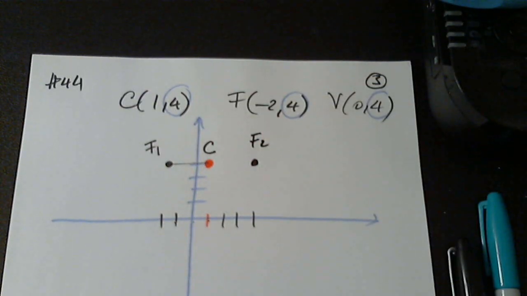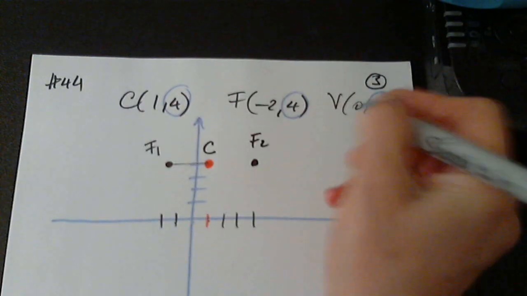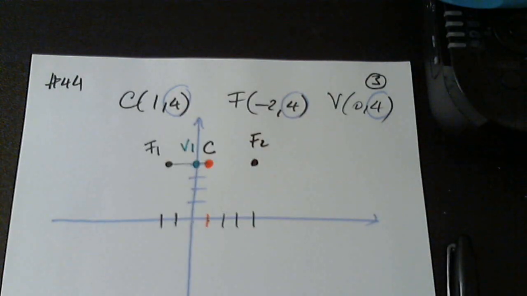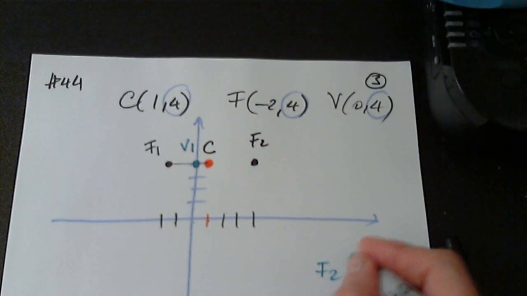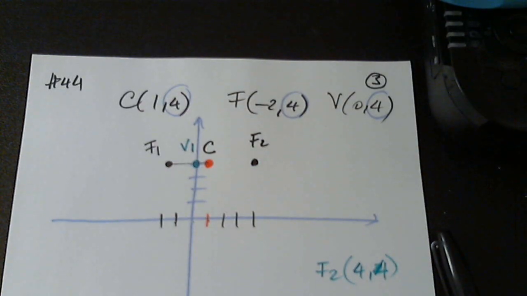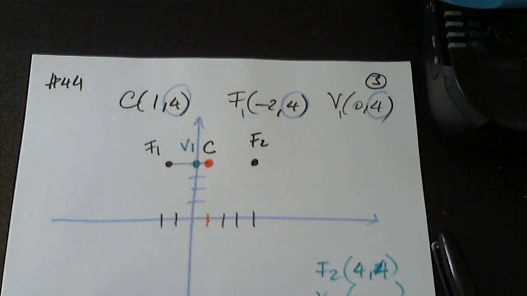Perfect. Now let's look at the vertex. So we have 0, 4. So this must be V1. Can anyone give us V2? F2 has coordinates indeed 4, 4. Excellent. What about V2? So this is F1 and this is V1 from left to right.